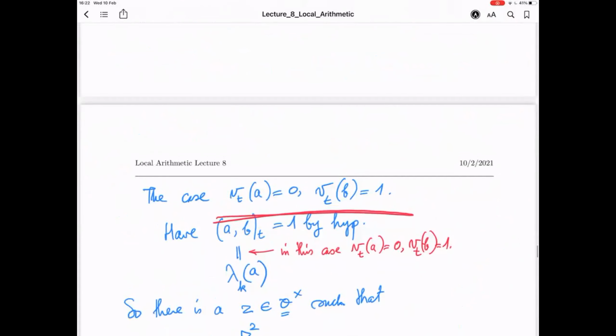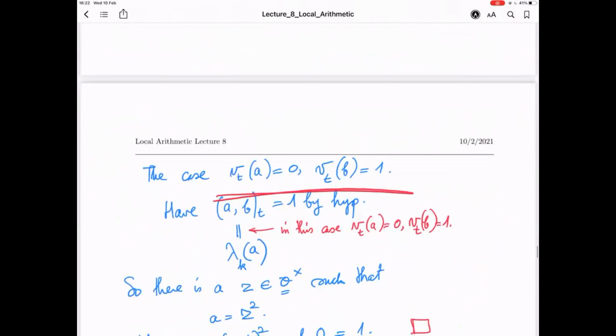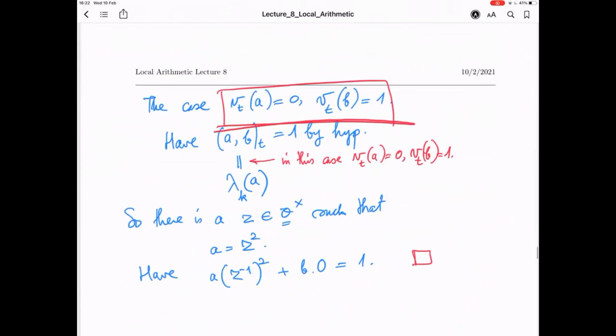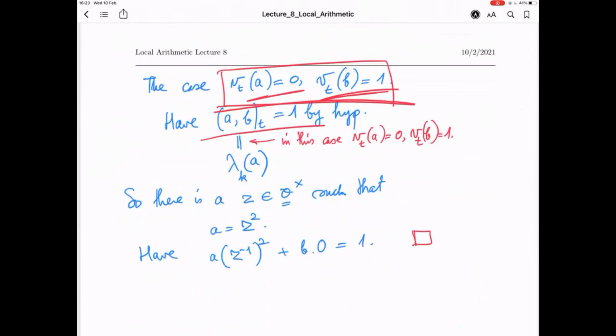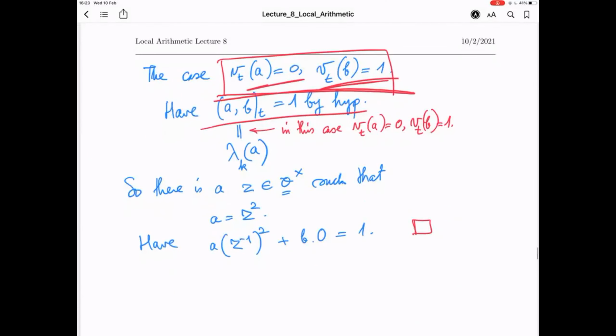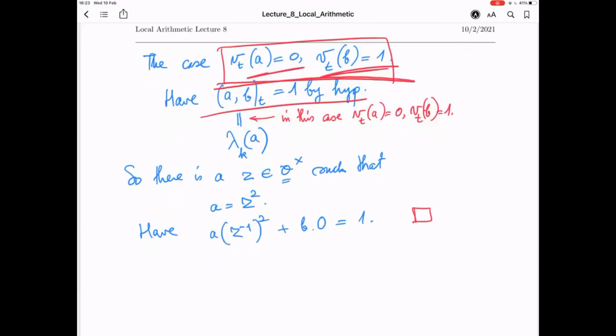Now let's consider the case when a is a unit, but b is the uniformizer. What is the hypothesis? That this Hilbert symbol is equal to 1. And what do we want to show? We want to show that the equation ax squared plus by squared equals 1 has a solution. Now, if this is a unit and this is a uniformizer, then the Hilbert symbol we had computed is equal to lambda k of that unit.